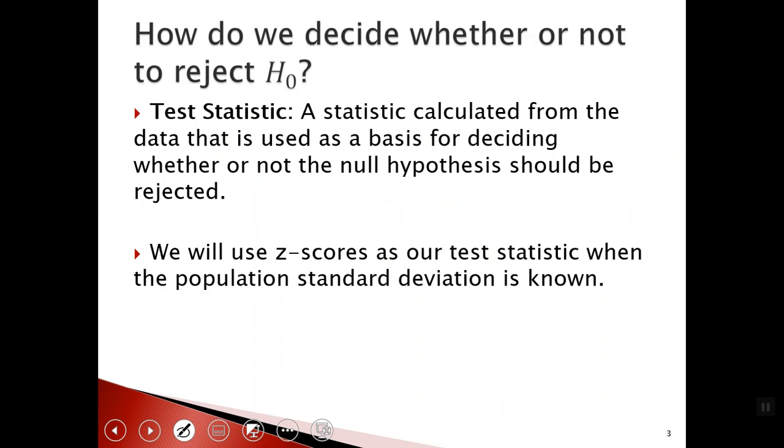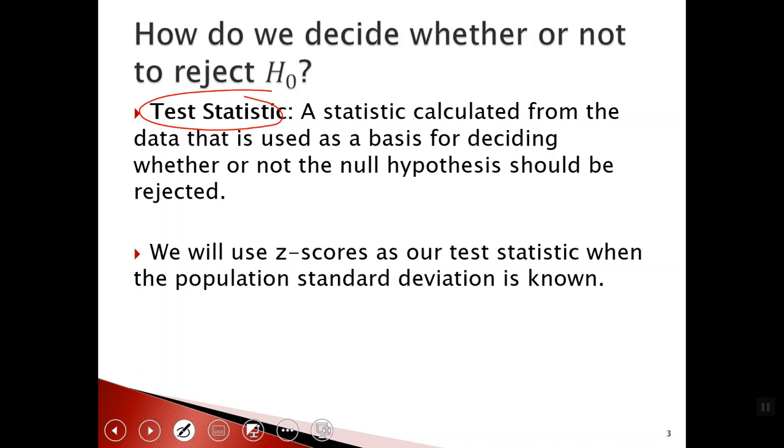How do we decide whether or not we need to reject H naught? There is a variable called test statistic. Do you remember that in chapter 6, 5? We started to deal with this guy, test statistic. Test statistic is a calculated value which we use to decide whether our null hypothesis needs to be rejected or not.